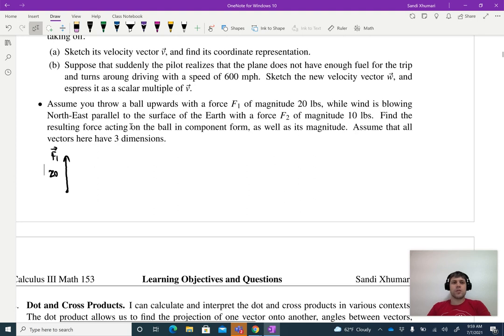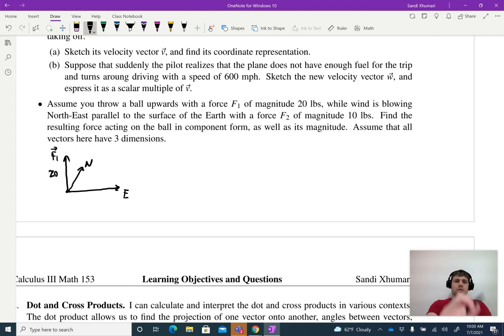While wind is blowing northeast parallel to the surface of the earth with a force F2 of magnitude 10 pounds. So this is going up, but we have north and east, right?